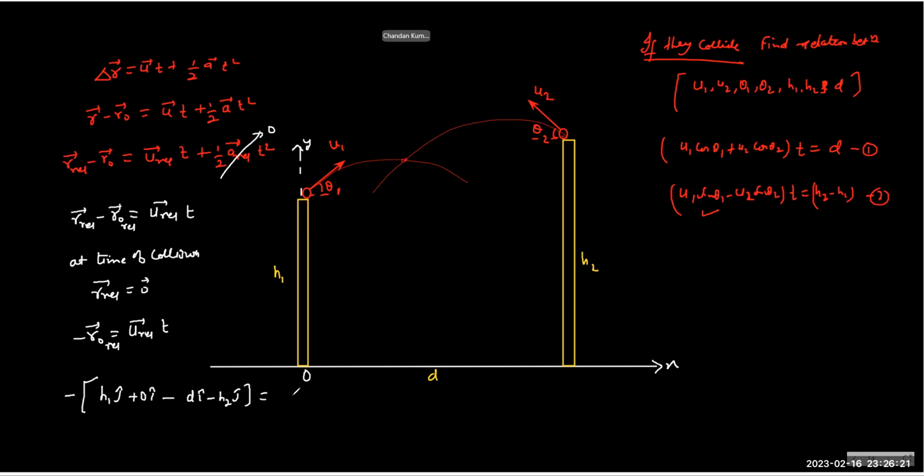This is so simple. What is U1 vector? U1 cos theta 1 i cap, U1 sin theta 1 j cap, minus U2 cos theta 2 i cap plus U2 sin theta 2 j cap, all into t, and you just compare the i coefficient and j coefficient on both sides, you'll get two relations.